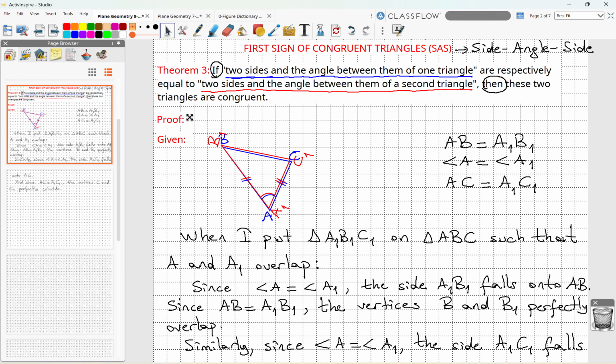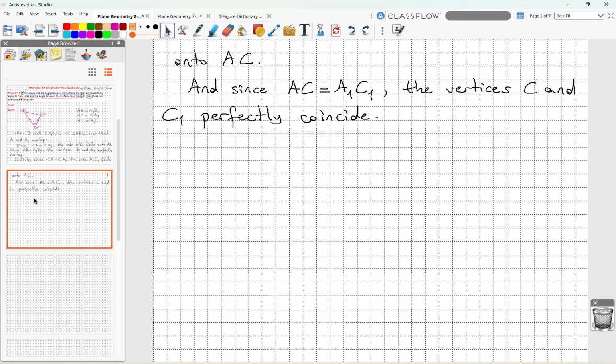Angle A and angle A1, angle B and angle B1, angle C and angle C1, they also perfectly overlap. Make sense?